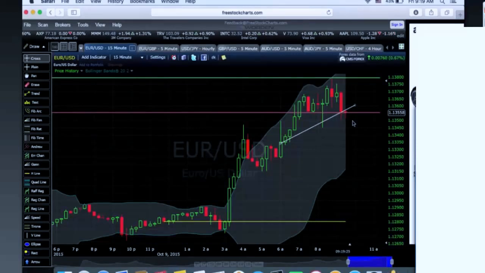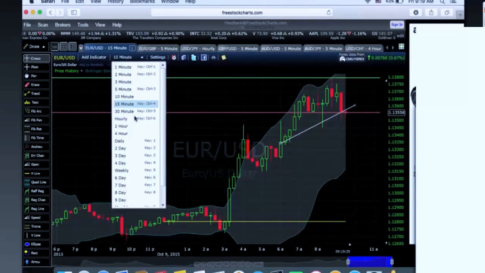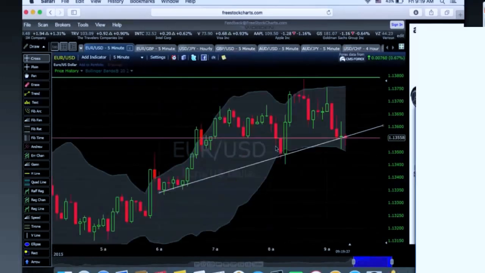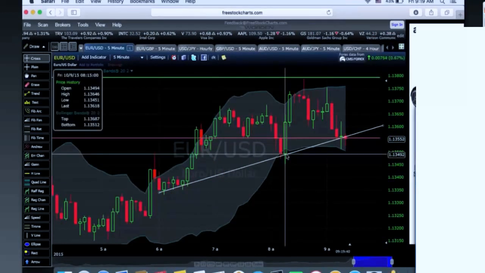Additionally, on the 5 minute, you have this small support here, again 500. So it's kind of a second confirmation.